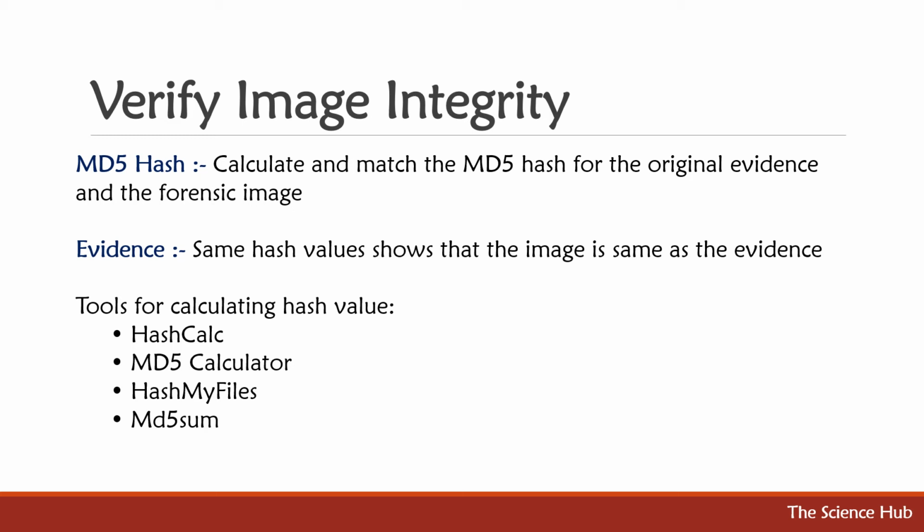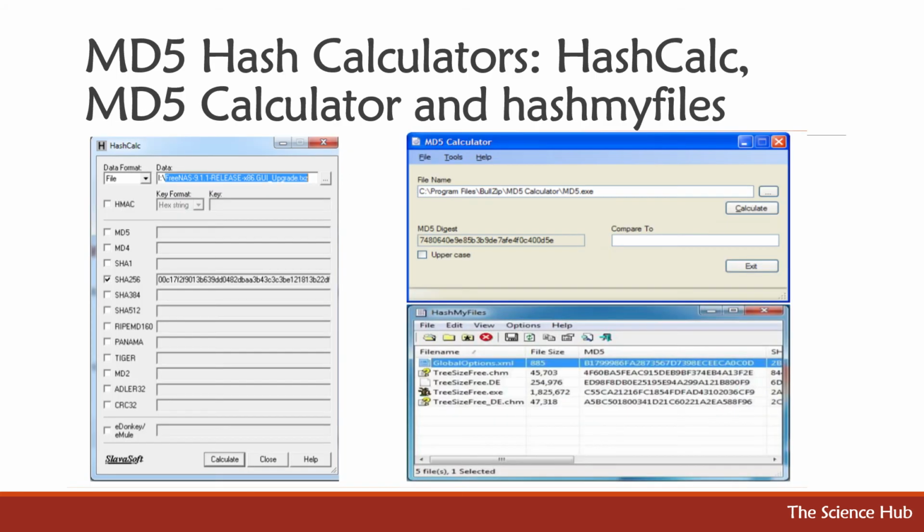Here are some of the tools for calculating the hash value, which include HashCalc, MD5 Calculator, HashMyFiles, and MD5sum. Here are some of the images of the MD5 hash calculators.